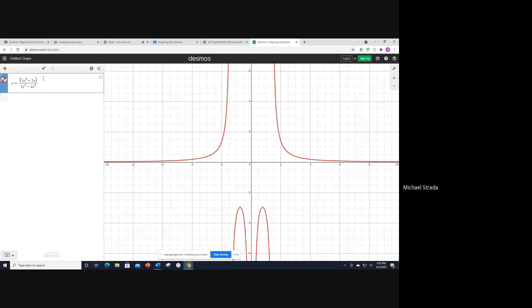All right. You'll notice you got all types of stuff going on. So basically, you would have to plug in all types of points. You don't have to worry about that one. You're not going to have anything with that many asymptotes.